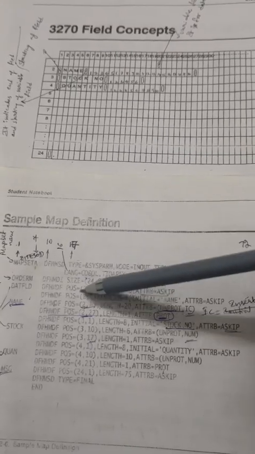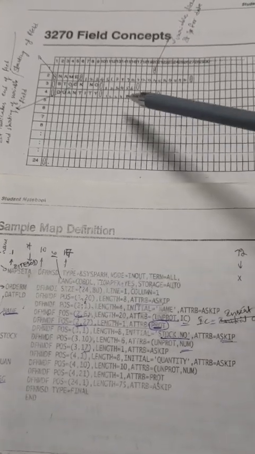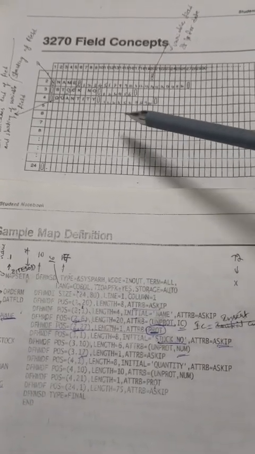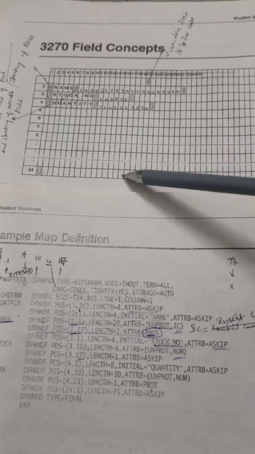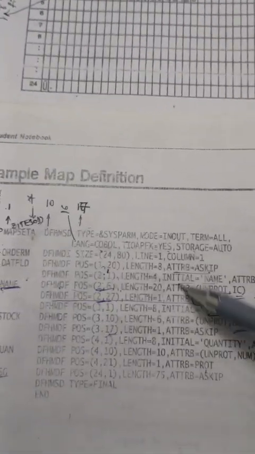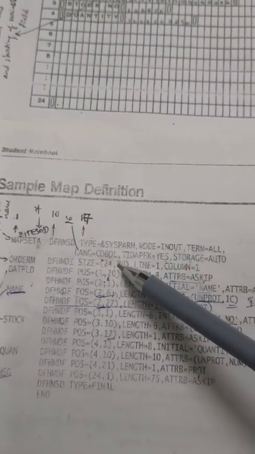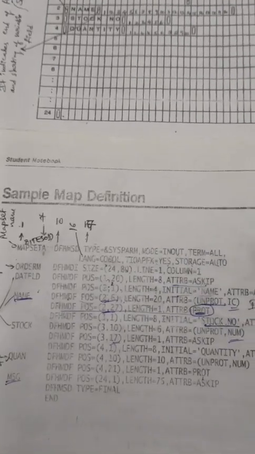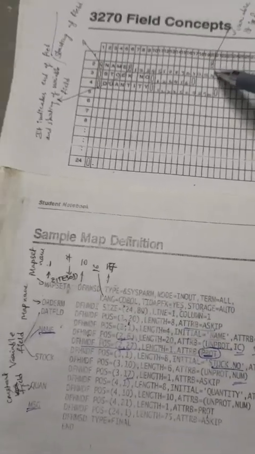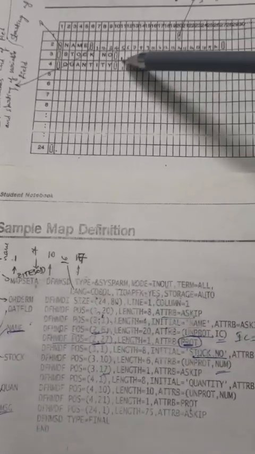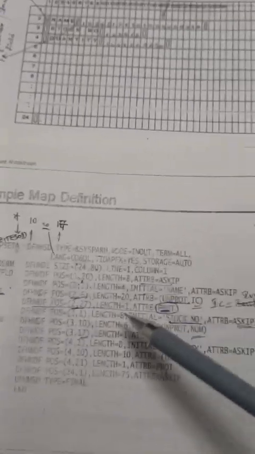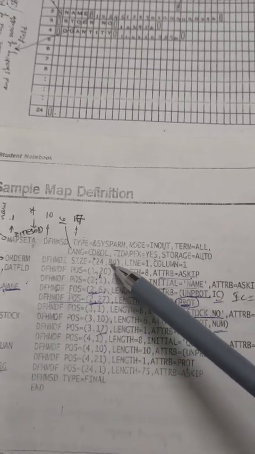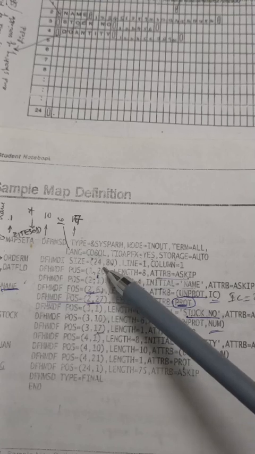We can define, say, 10 rows and 20 columns, reducing the size to 10 by 20. But currently this map is going to occupy the whole screen, 24 rows and 80 columns. That's why I mention 24,80, rows by columns.